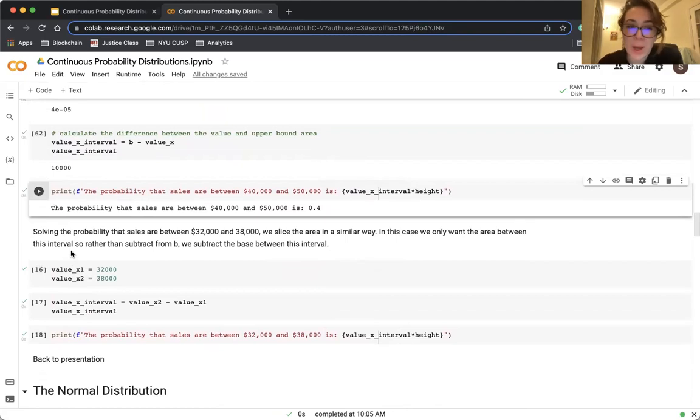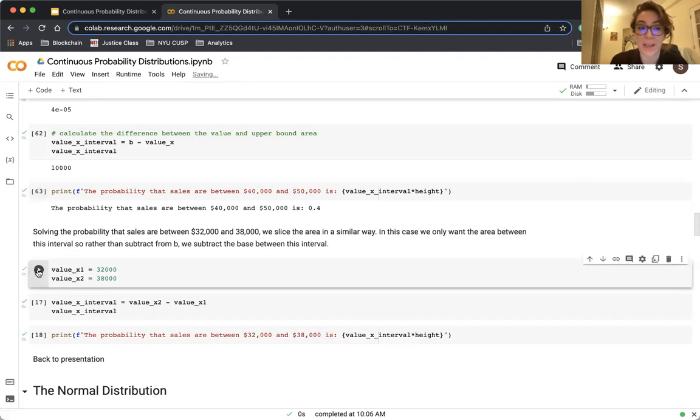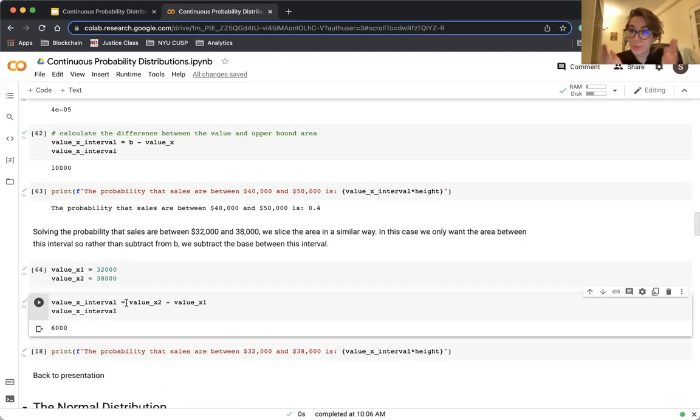Now, if we wanted to talk about the probability that sales are in a specific interval, we would slice the area in a similar way. In this case, we only want the area between the interval. So rather than subtract it from that upper bound, we'll take that interval between those two values of 3,200 and 3,800. So we would define those values, and then we would take that area between.